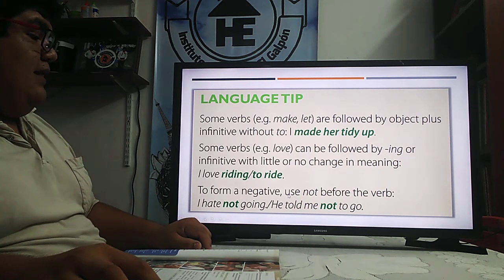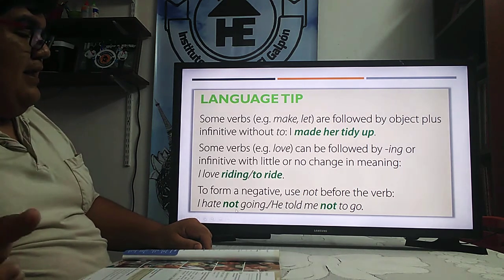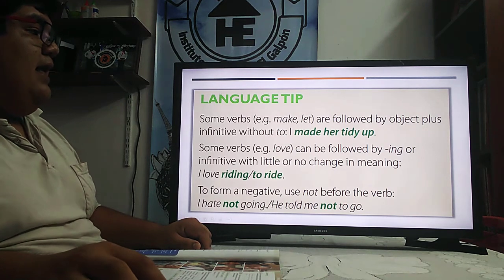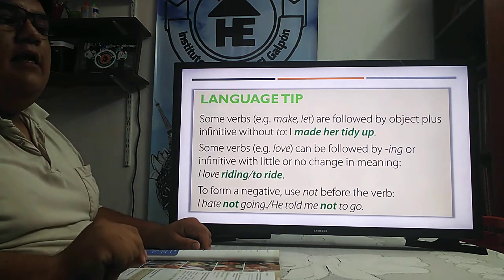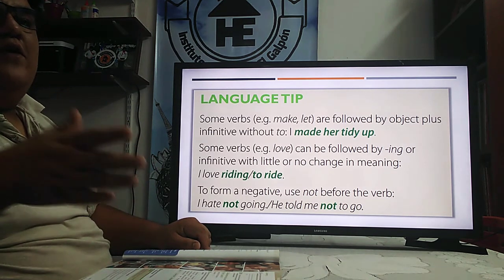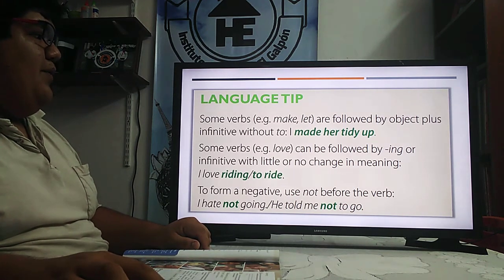And to form a negative, use not before the verb, yes? I hate not going, okay? He told me not to go, okay? Or I can say, she loves reading, or she hates not reading, okay? That can be another example.